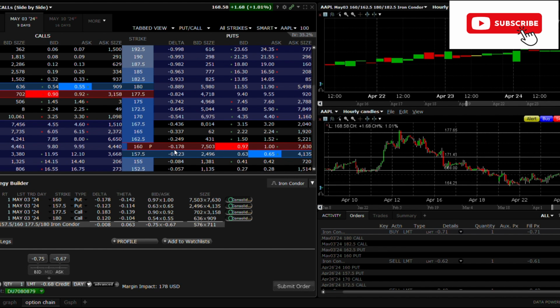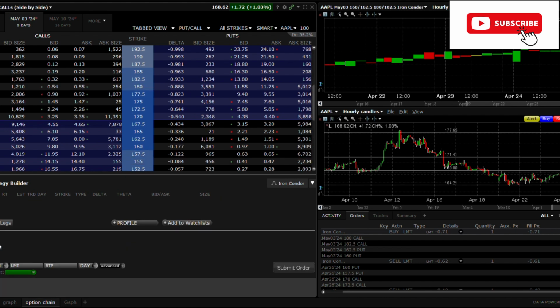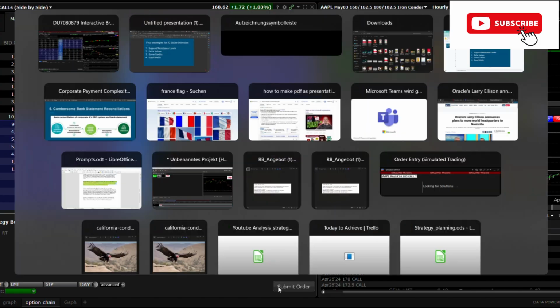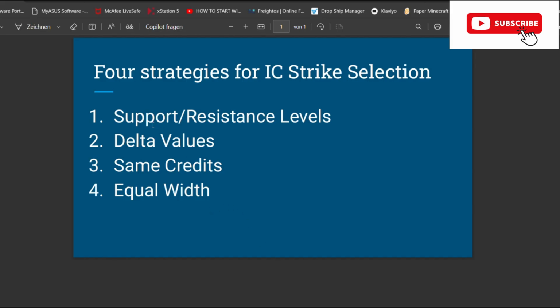If it goes up, then you gain on the other side. If it goes down, you gain on the call side. So that's the idea, and that is why they take almost similar deltas on both sides. That is the second strategy, using similar delta values.